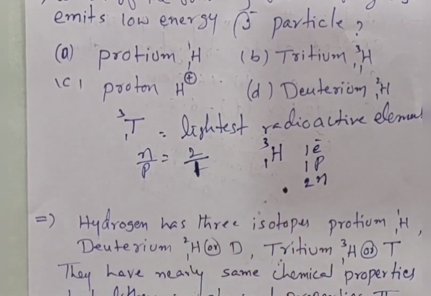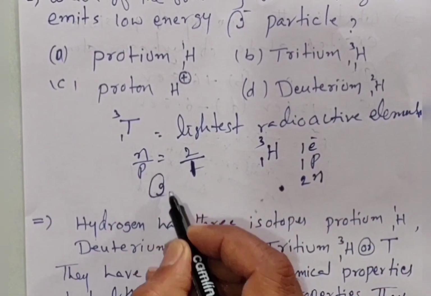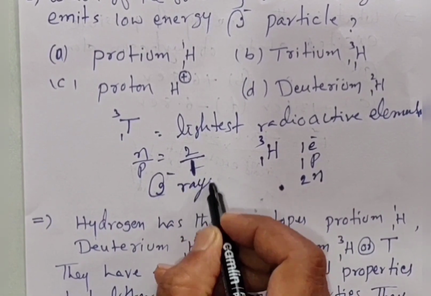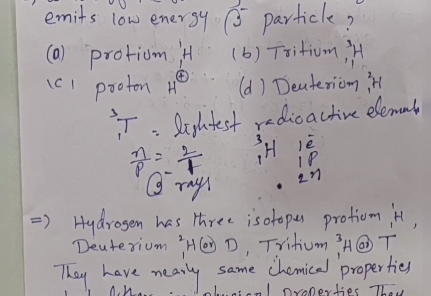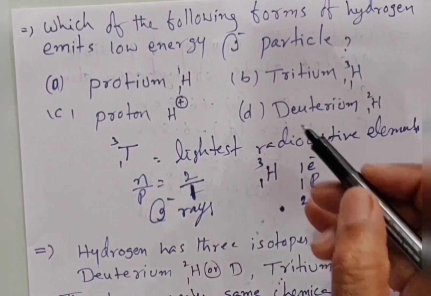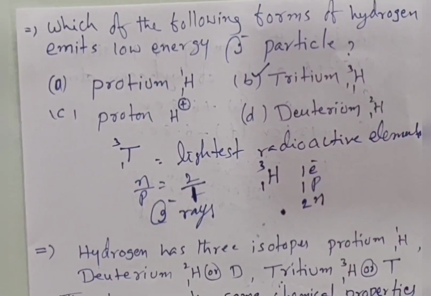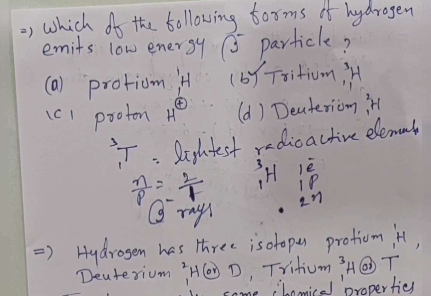It emits beta rays, and these are low energy beta rays. That's why the correct option here is tritium. Tritium emits low energy beta particles because it is the lightest radioactive element.